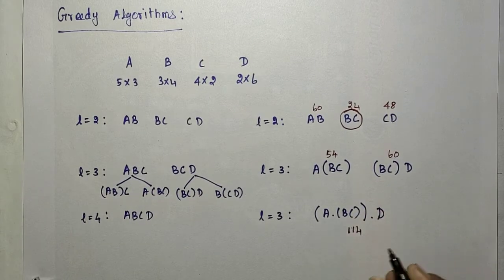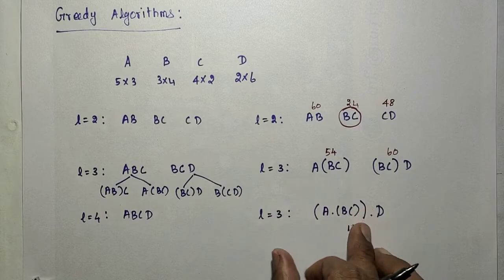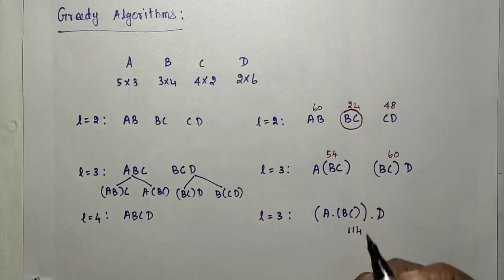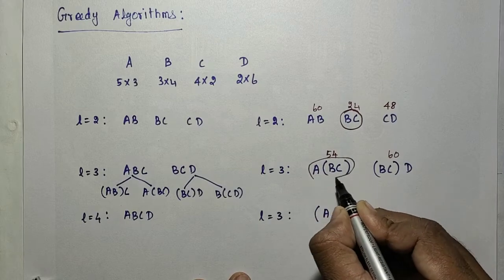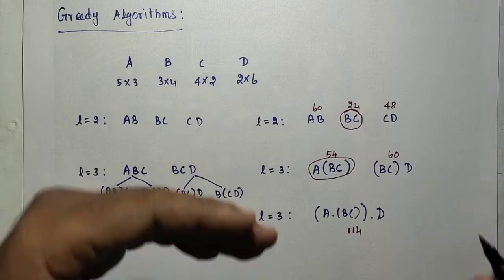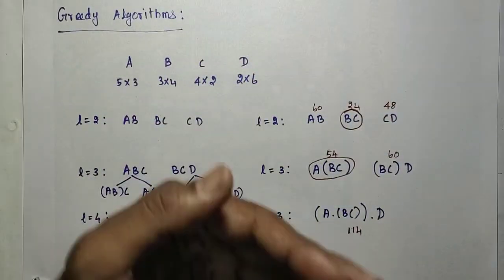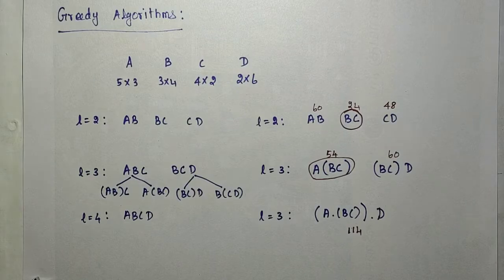Minimum number of multiplications needed. So the recomputations are avoided here, and the search space is reduced. Here we choose this as the best, then the next we choose this as the best, that is the greedy choice. We are skipping this. At each level we are picking the best one. From the best solution we are constructing the solution for the main problem.